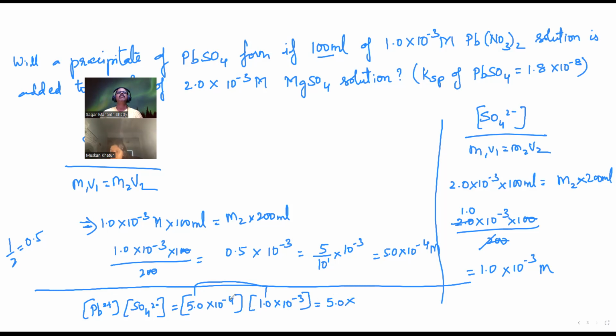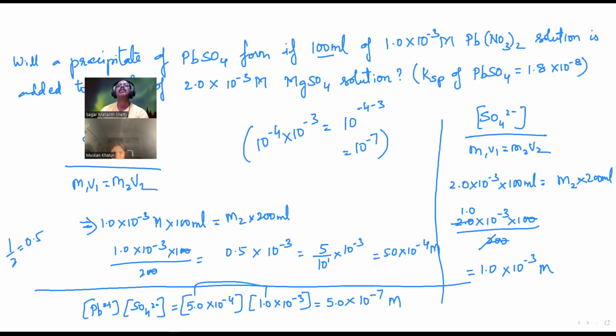Now, 10 to the power of minus 4 times 10 to the power of minus 3. When both are negative signs, watch this. It would be 10 to the power of minus 4 minus 3, that would be 10 to the power of negative 7. So 10 to the power of negative 7 is the value.